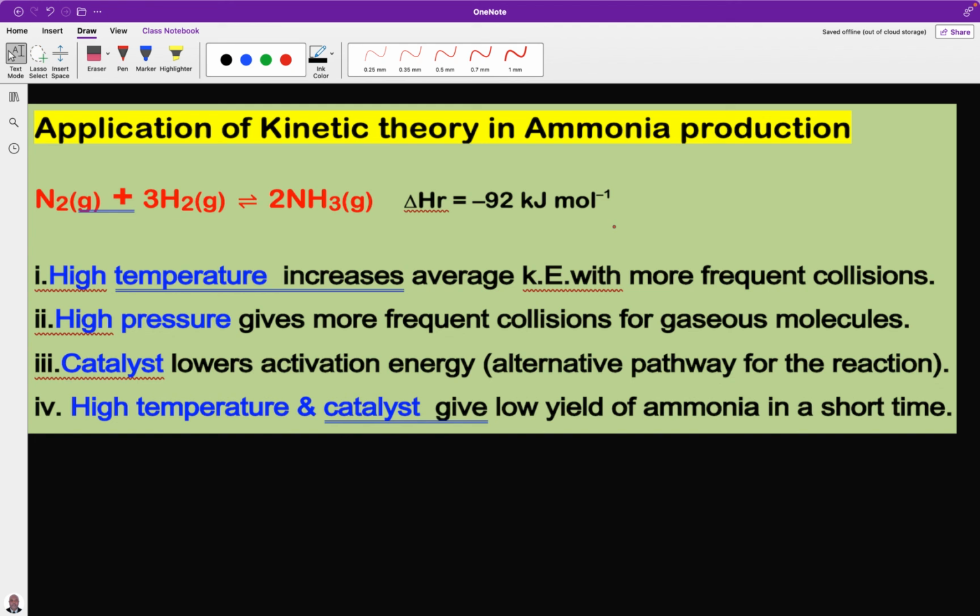Remember that the collision theory has to do with the collision of particles, the frequency of collision of particles. For a reaction to occur, particles must collide, and they must collide in the right orientation. They must have sufficient energy, the activation energy. So let's use this condition and apply them here.